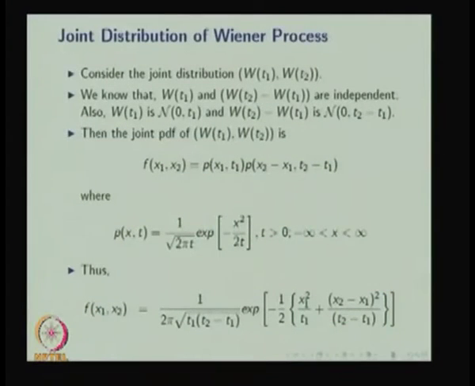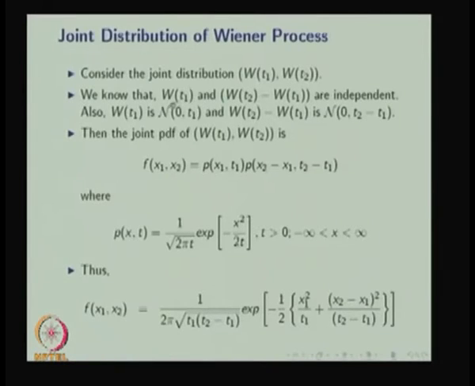Now we are going to discuss the joint distribution of a linear process. The way we discuss the Gaussian process, every finite dimensional random vector is a multivariate normally distributed random variable. Therefore, you can find the joint distribution of W of T1 with W of T2.